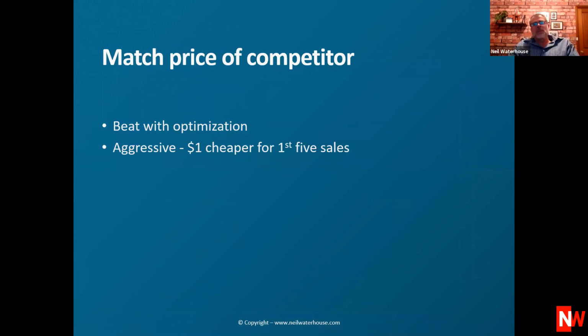And not only do we go $1 cheaper, but we end it with 0.97. So for example, if your competitor's say $100, you make yours 98.97. That way it appears that you're $2 cheaper, but you're 98.97 against $100.